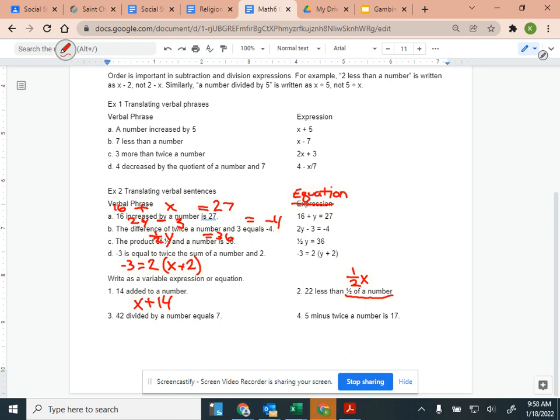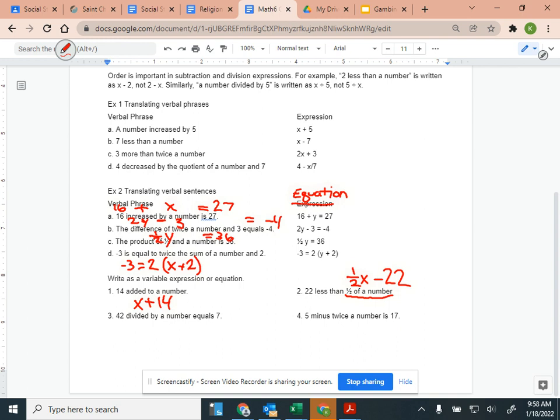So we need to find half of x, and then we subtract the 22 out. So remember with that subtraction and division, we don't want to say 22 minus half of the number, because we want 22 taken away from the half of a number. So be very careful how you set up your subtraction sentences. Subtraction and division.